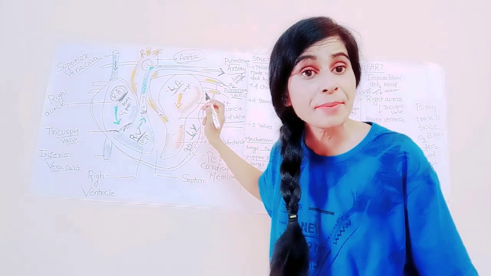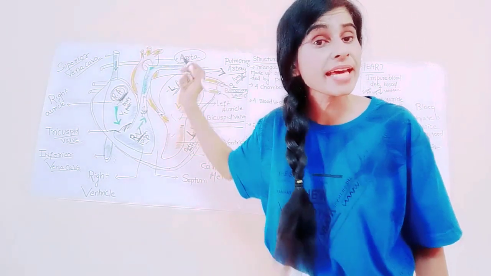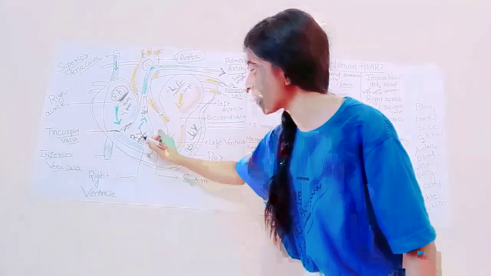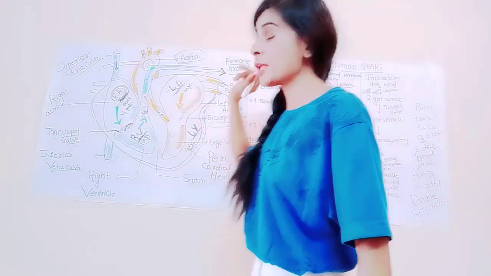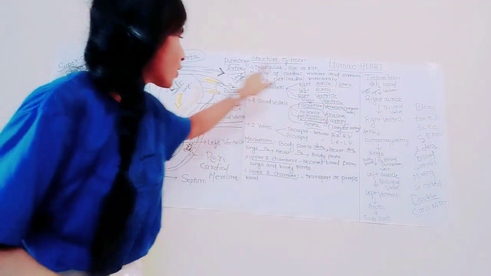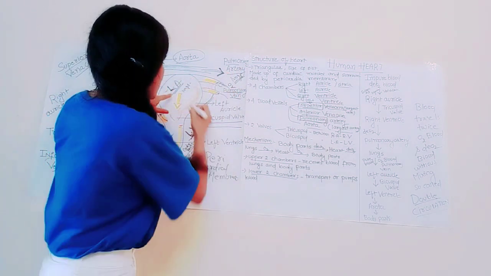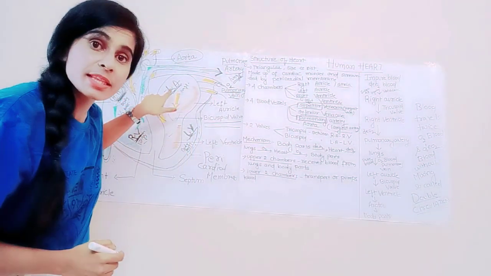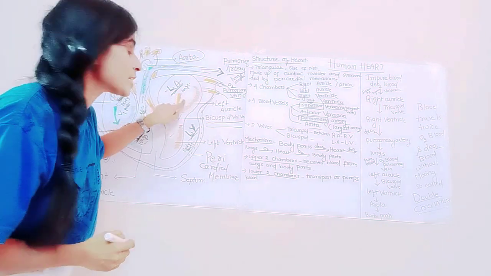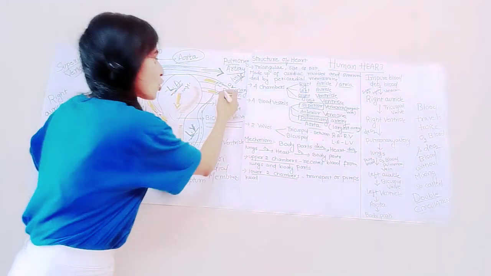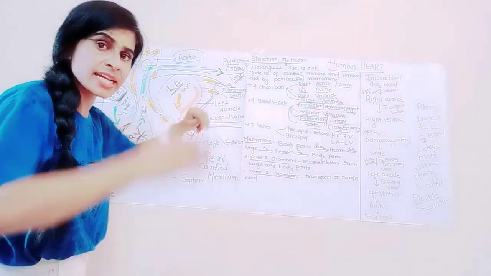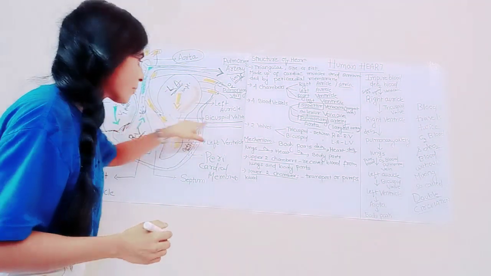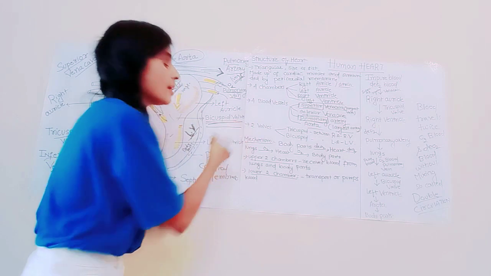Who carries the impure blood to the lungs? Pulmonary artery. From where does it take? Right ventricle. Now, after purification, the pure blood enters into the left auricle through the pulmonary vein. And the same, pressure becomes more, contraction, the valve opens, and the name of that valve is bicuspid valve.